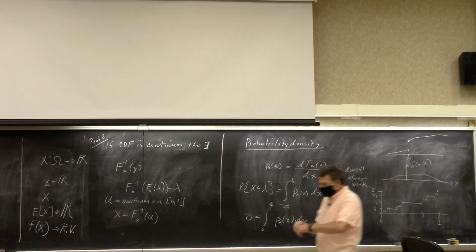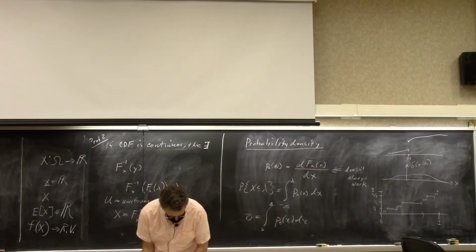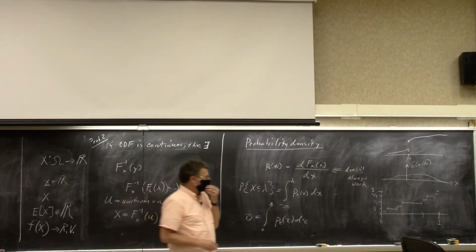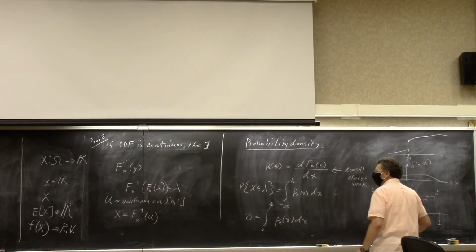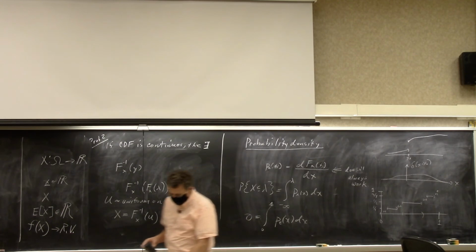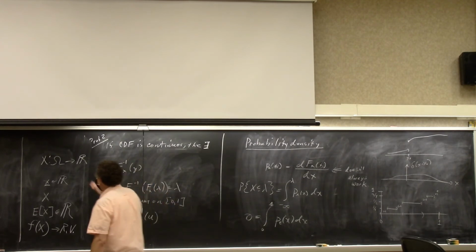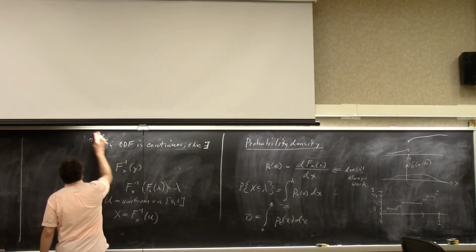Now what you have to do is generalize this to multiple dimensions. So then you have a cumulative probability distribution in multiple dimensions. I'll let you read about that, okay? And then you have independent random variables.